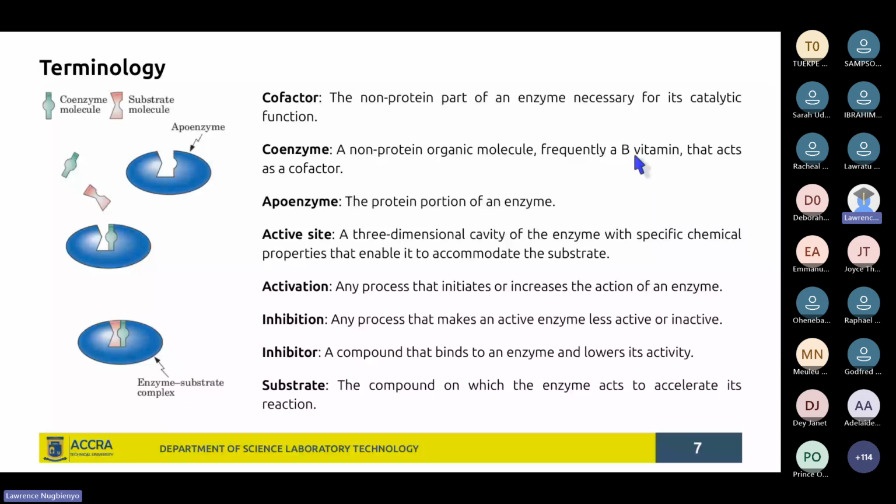You come to see why a lot of times when medicines are prescribed, they are given with vitamin B complexes, because these act as activators of enzymes, which will be catalyzing the metabolism of those medications that are being given to patients.